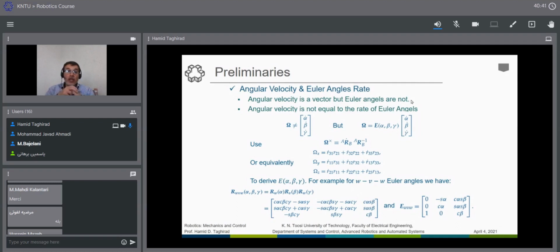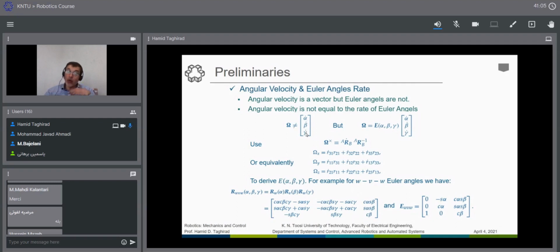And also, angular velocity rate is definitely not the angular velocity. Let's call alpha, beta, gamma any kind of Euler angle that we have, and the rate of it as alpha dot, beta dot, and gamma dot. We can instantaneously check how alpha is changing, beta is changing, and gamma is changing.